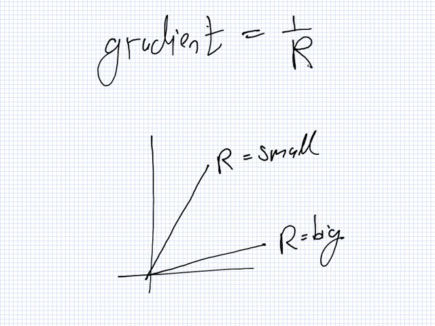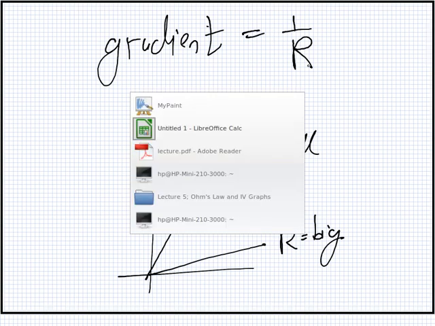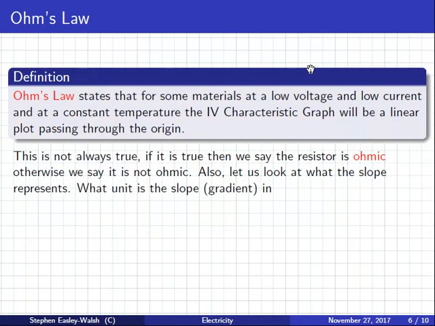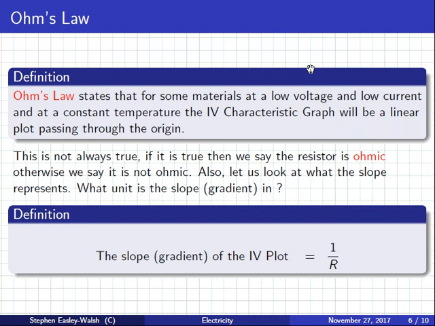Got that? So, the slope, the gradient, is 1 over R. I think you all wrote that down, yeah?